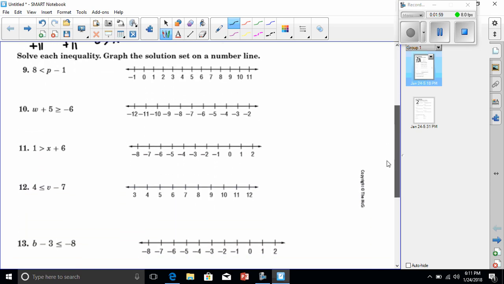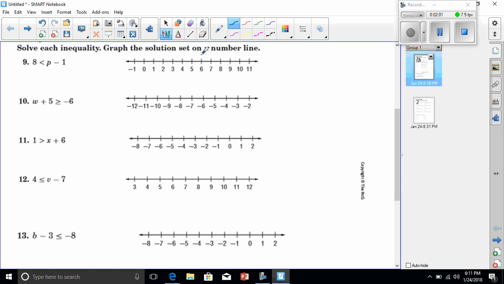Where it says solve each inequality, graph the solution set on the number line. Well, if I go to 8 is smaller than p minus 1, I have to add 1 to this side, which means I'll add 1 to this side. That's going to give me 9 over here, is smaller than p.